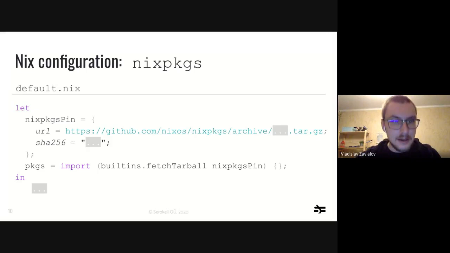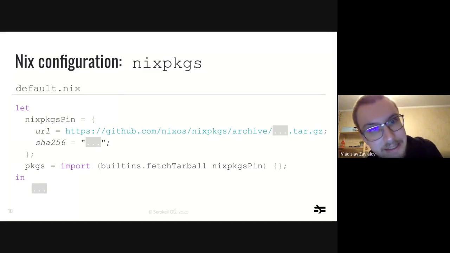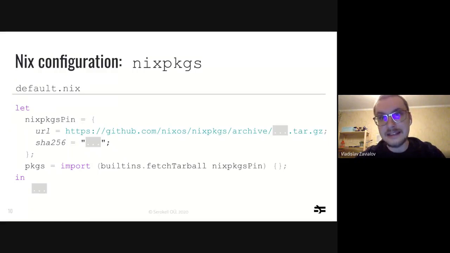So in the Nix language, like in Haskell, there are let bindings. And we start by binding two values. Firstly, the Nix packages pin. That is a selection of a particular snapshot of Nix packages.